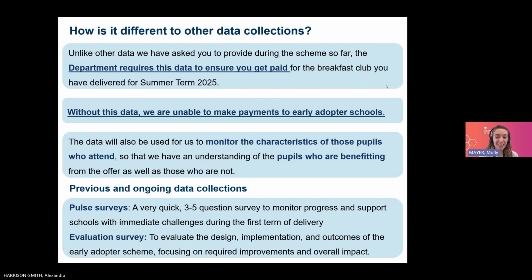If you haven't already, please do complete the one sent out yesterday. And then finally, hopefully all of you completed the evaluation survey shared a few weeks ago. This survey has more in-depth questions about the design, implementation, and outcomes of the early adopter scheme. So how are you running it in practice? And there will be one more of these before March 2026 to ask about perceived impacts of the club.